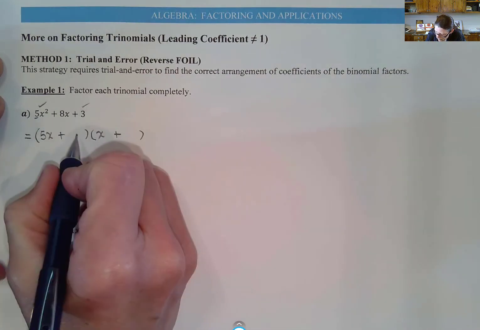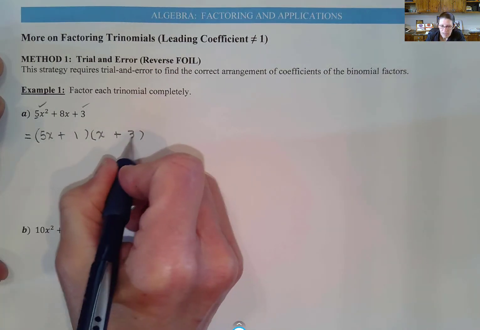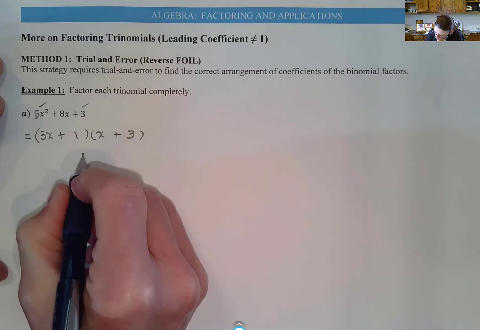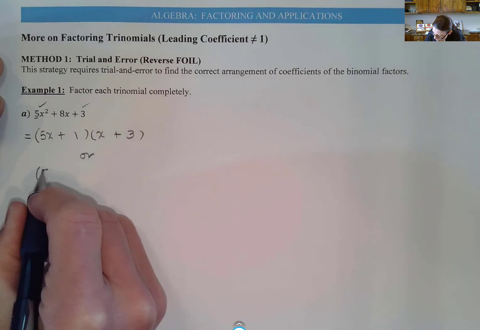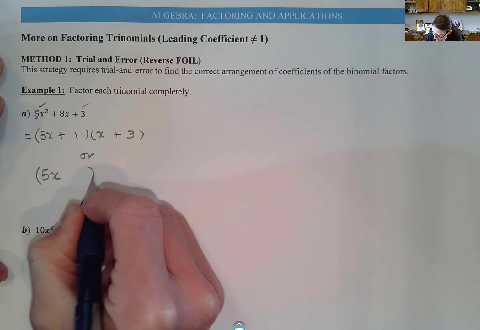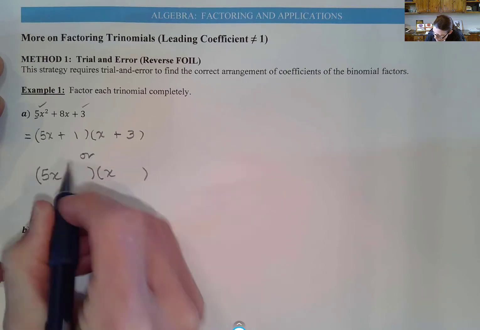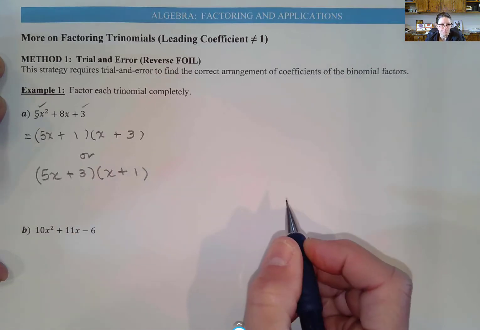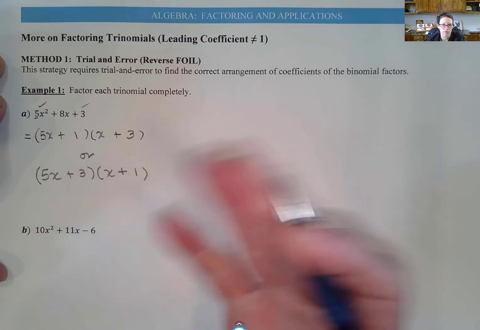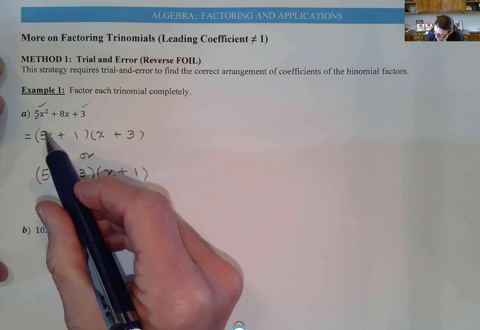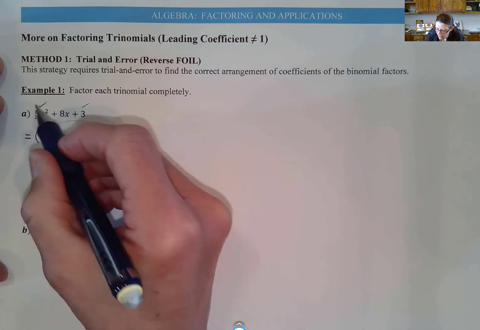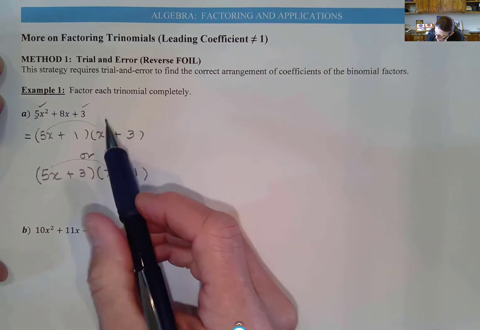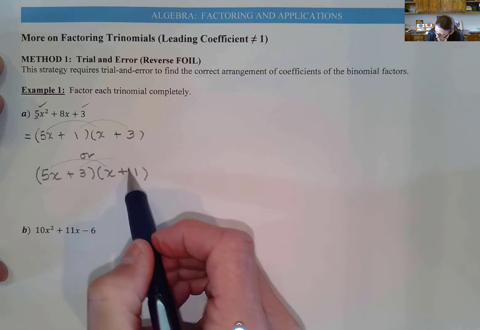So we can either put the 1 first and the 3 second, or we could place the 3 first and the 1 second. Now we check and see which of these is correct. In both cases, we obtain 5x squared, and in both cases, our last product is plus 3.